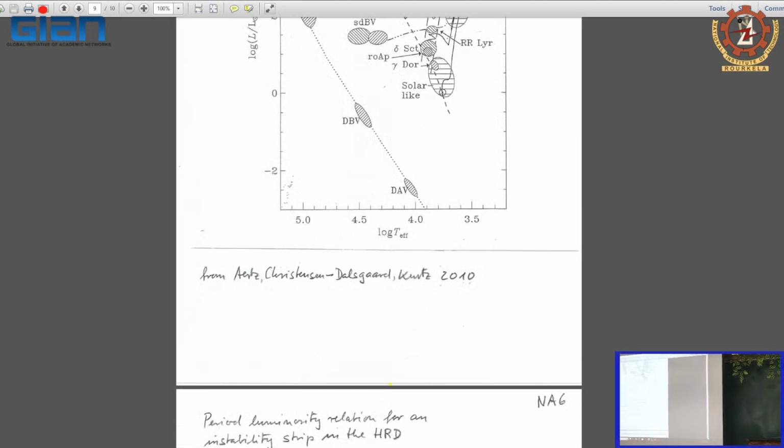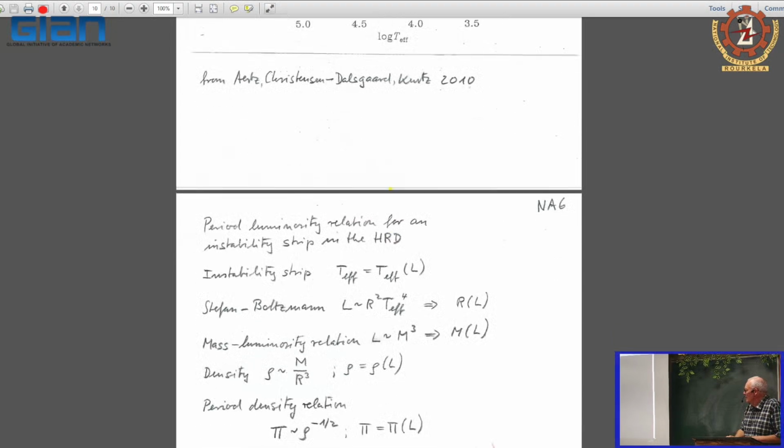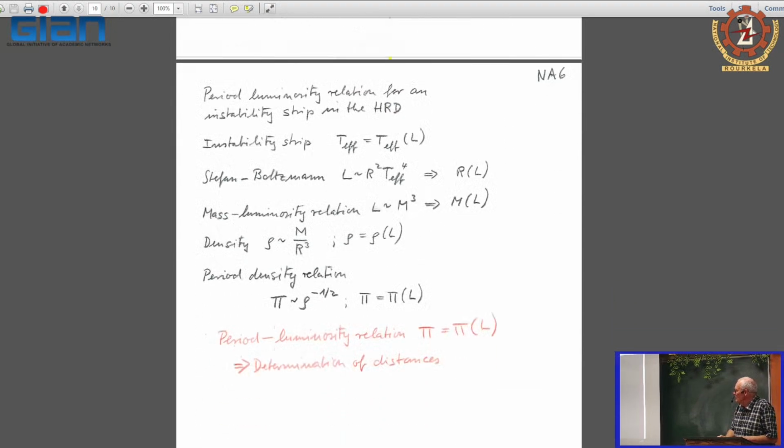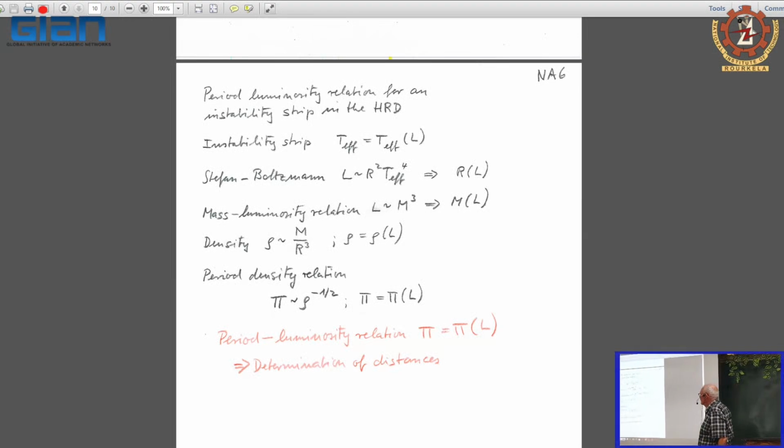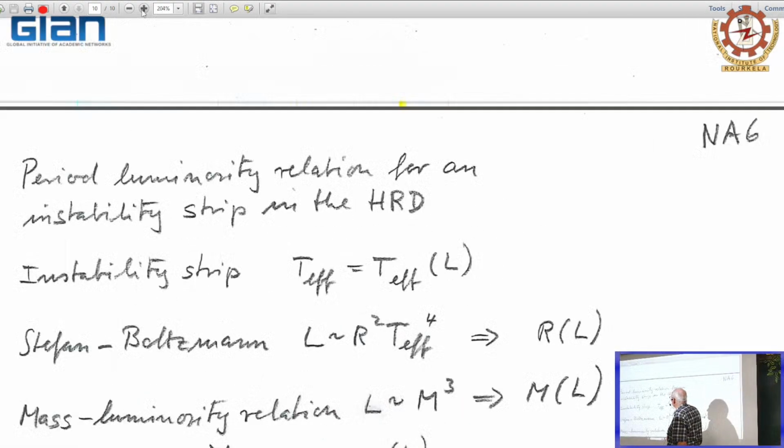Okay, so to motivate the period-luminosity relation, we start off by stating that the instability strip is given by a temperature-luminosity relation.